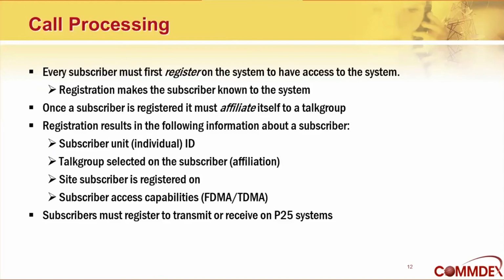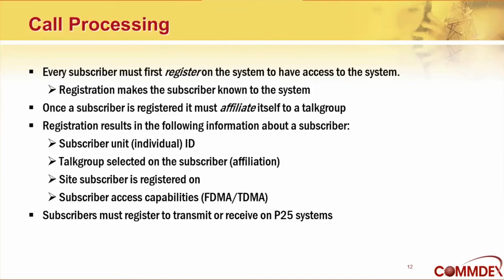So when you register, the information that you're telling about yourself is who you are on an individual basis, what radio number you are, the talk group you're currently affiliated to, what site you're currently registered to. Just like a cellular system tracks what site it's affiliated to, trunking systems do the same thing.